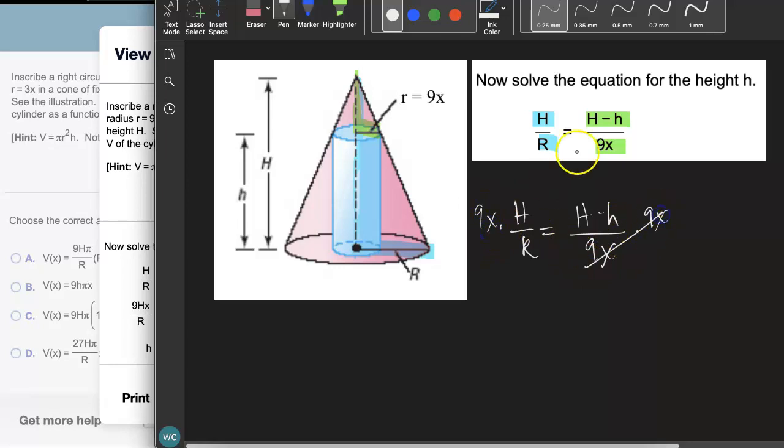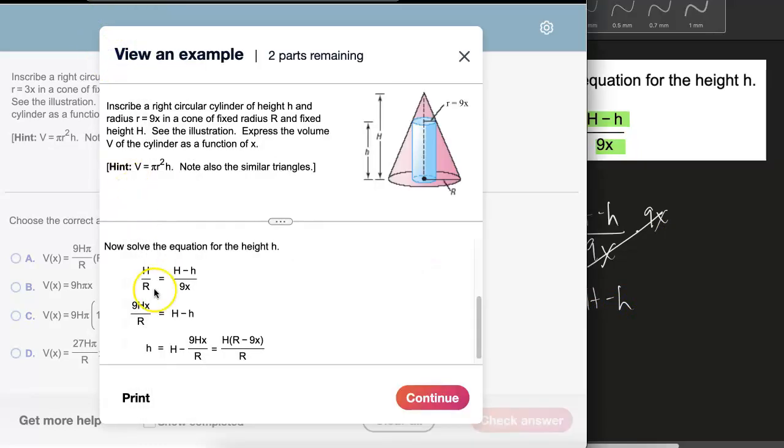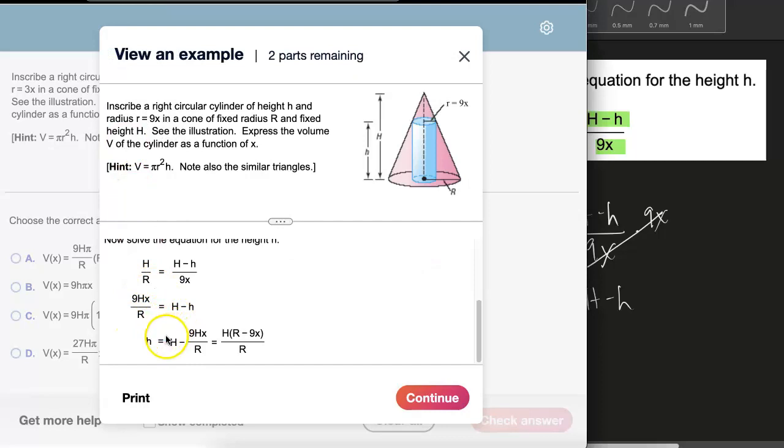Multiplying by 9x, we get 9x h over r equals capital H minus lowercase h. Okay, I'm going to go back and notice that that's the same thing that they have here. The terms are in different orders, but since we're all multiplying, that's okay.